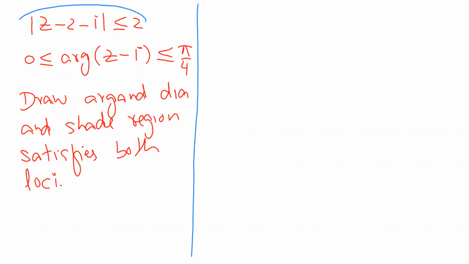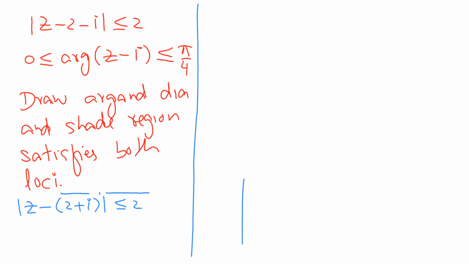First of all, we are familiar that this is a circle, because modulus on one side and a number on the other side is called a circle. I'll reshape it below. So |z - (2 + i)| is less than or equal to 2. It means a circle, roughly; I make it 2 and 1, meaning along the x-axis 2, along the y-axis 1.